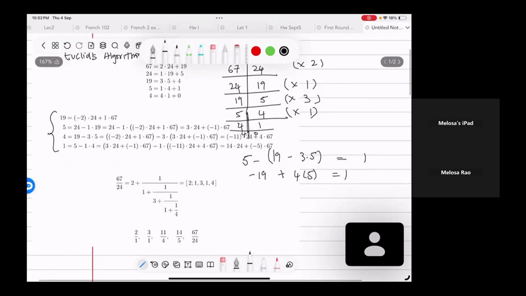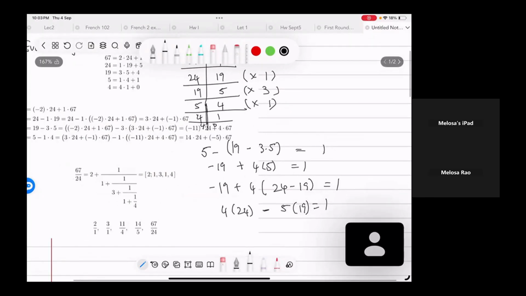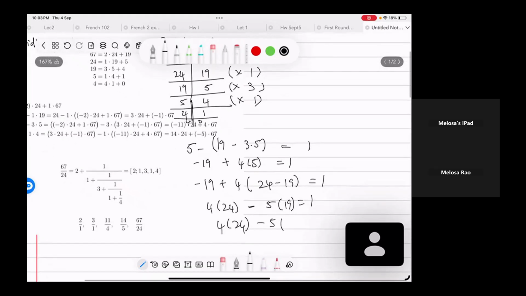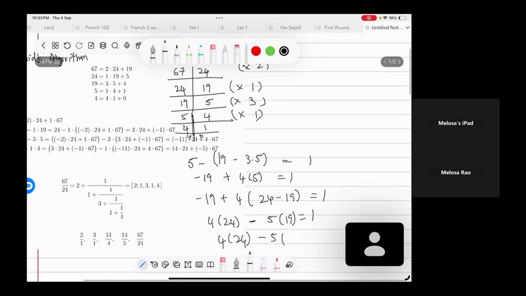Similar to 4, 5 can also be written as some constant times 19 and 24. So we'll say minus 19, 4 times 24 minus 15. And then we get 4 times 24 minus 5 times 19. Now we write 19 as a constant of 67 and 24. So 4 times 24 minus 5 times 67 minus 2 times 24.